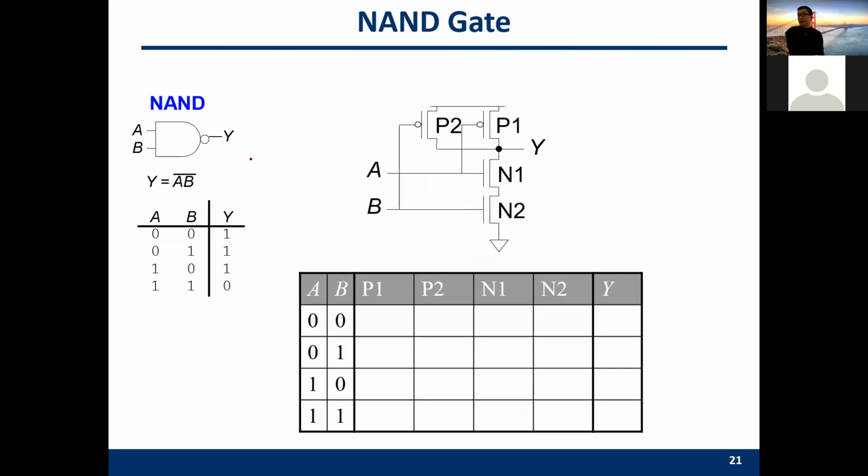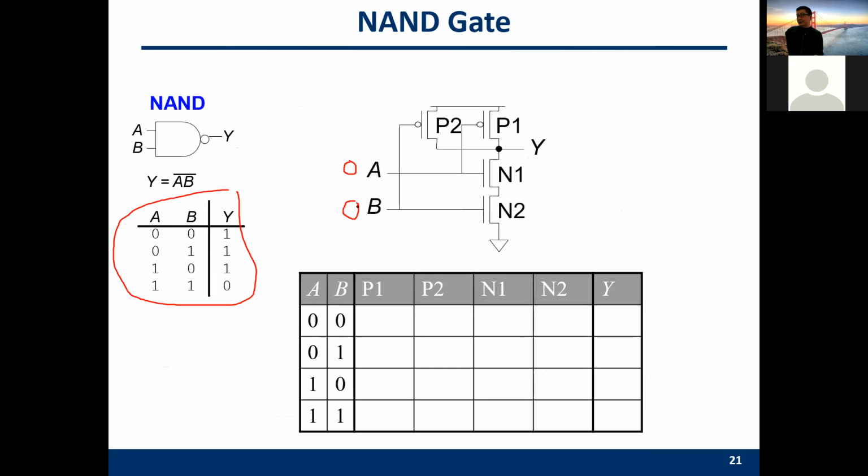Let's do another analysis on the NAND gate. Please recall that the so-called NAND gate is a universal gate, which means that by only this type of gate, we can represent any logic. So this is the truth table of the NAND gate. I will just analyze what will happen if A is a 0, B is a 0.